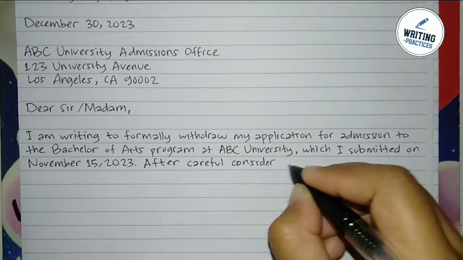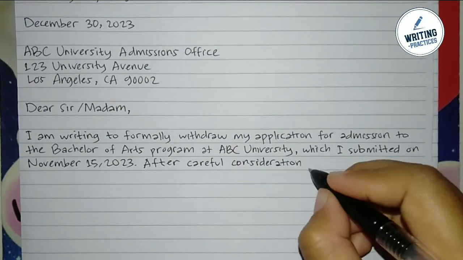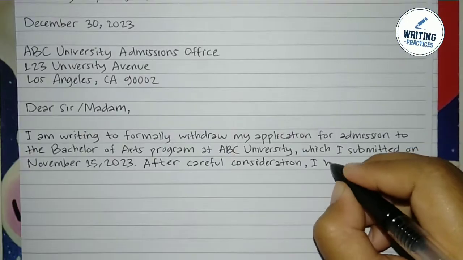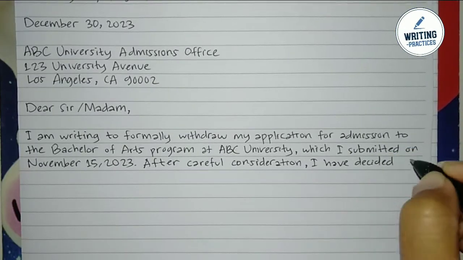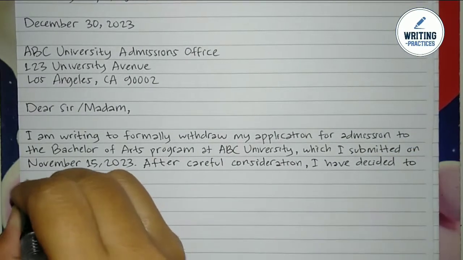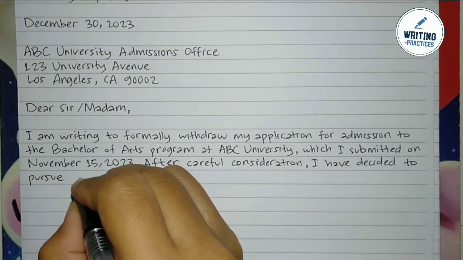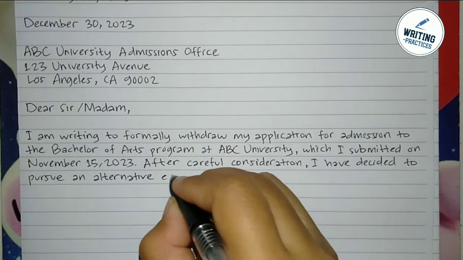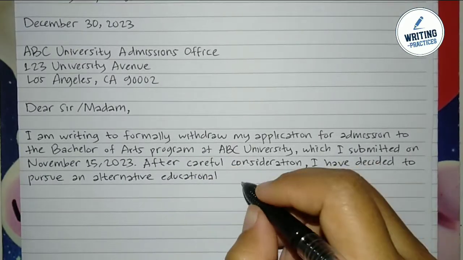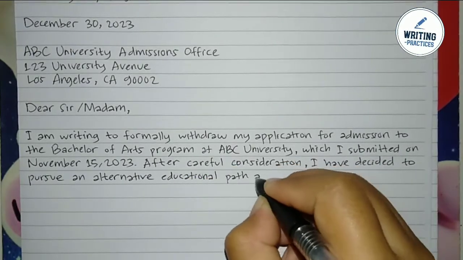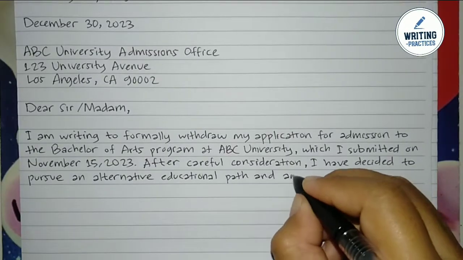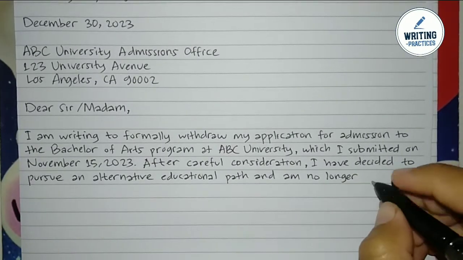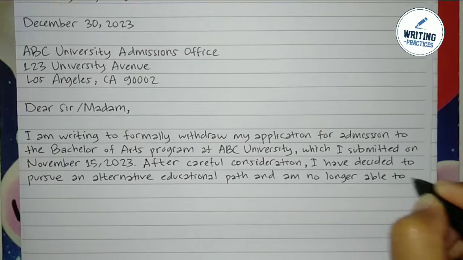For example, you can write something like, "After careful consideration, I have decided to pursue an alternative educational path. And I am no longer able to continue with my application for the aforementioned program." This is good enough for the explanation.